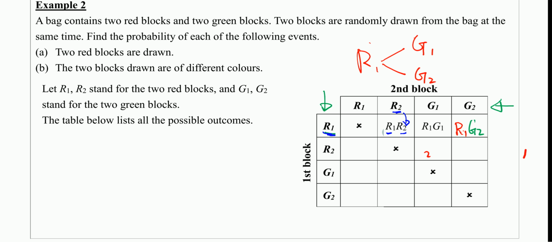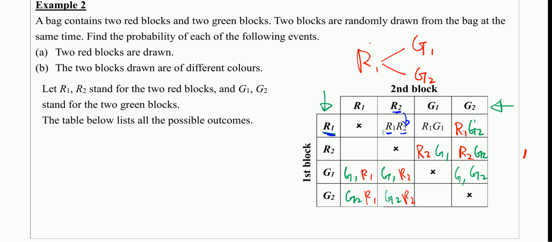And again, just write down all the things: R2 G1, R2 G2, and here G1, G2, G1, G1, and G2, and that is R1, R2, and G2, so you can just think of the situation.